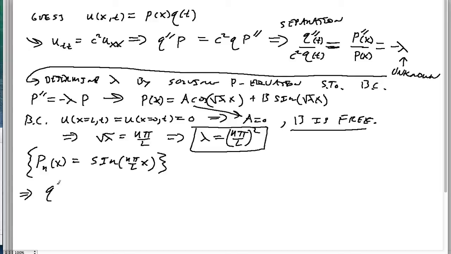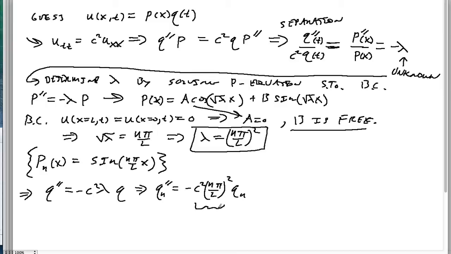It's Q double prime equal to negative c squared lambda Q. We know what lambda is, so we actually have a whole family of these equations to solve, one for each n. So Q_n double prime is equal to negative c squared n pi over L quantity squared times Q_n.